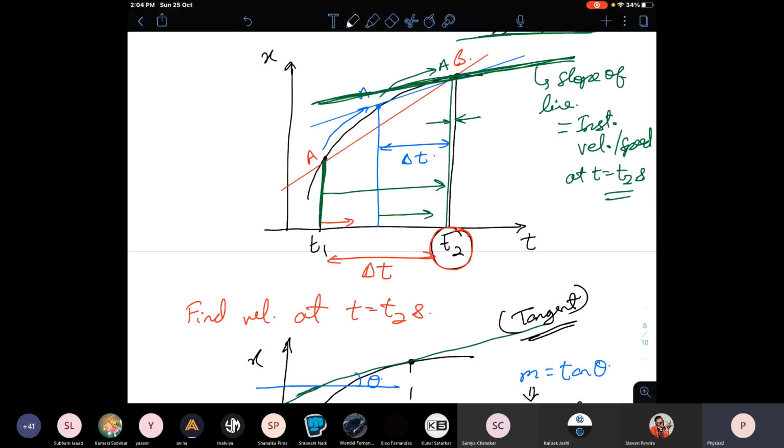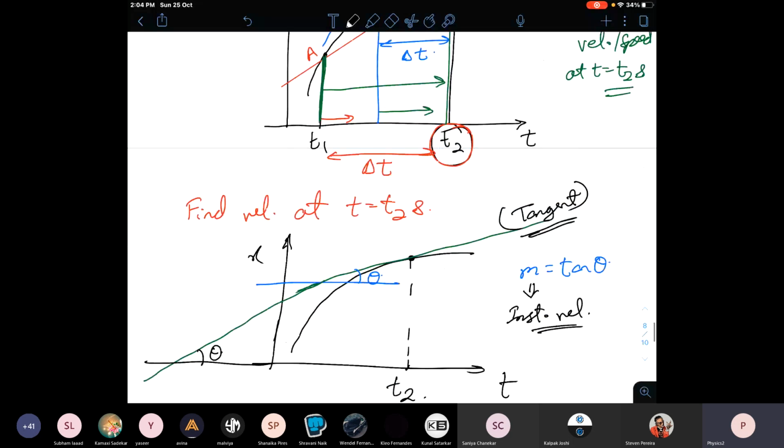So if it is a chord, the slope of the chord gives me the average. If it is a tangent, the slope of the tangent gives me the instantaneous. Is it clear to everybody? Yes, sir.